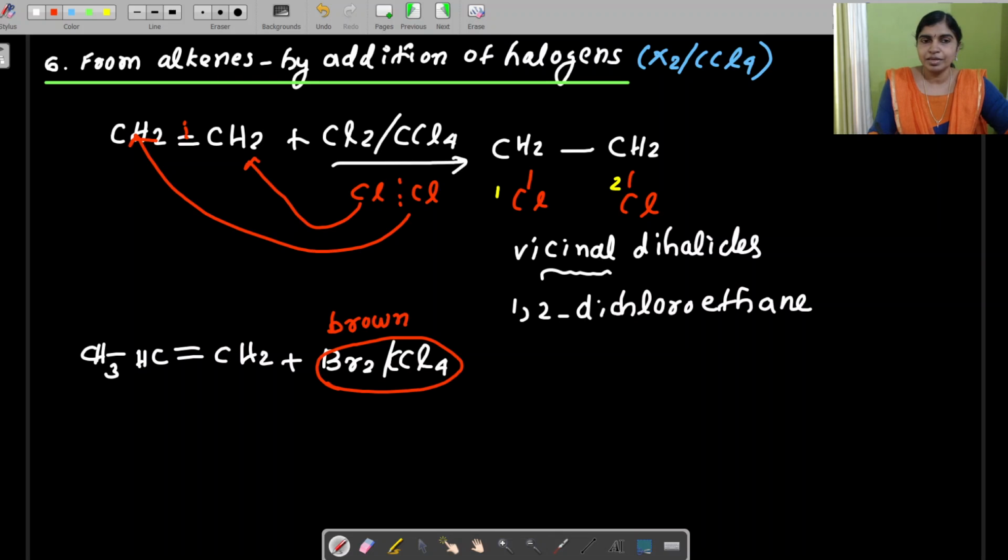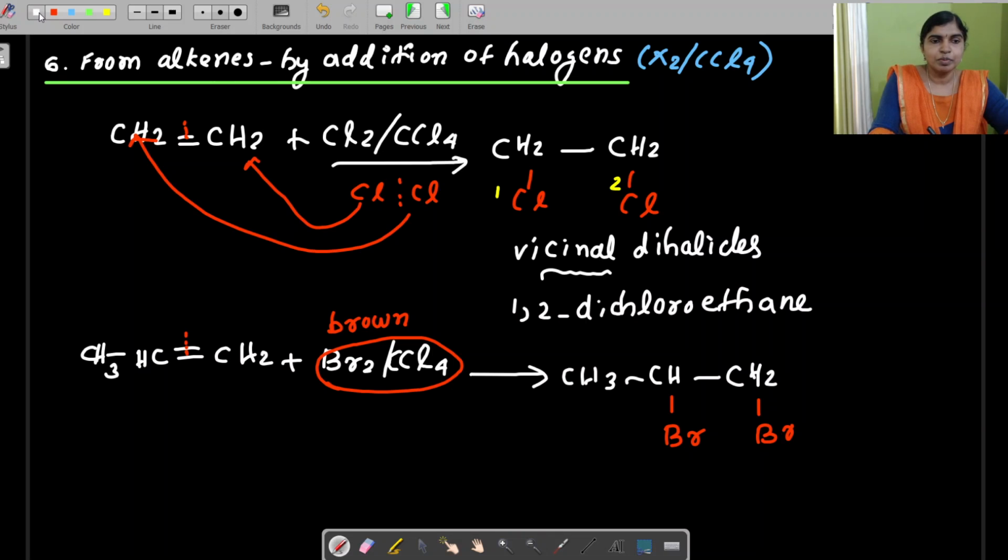And when it reacts, what will happen? The pi bond will break. And what is the product obtained? Here it is CH3, here CH, and one of the bromines is attached here, and this becomes CH single bonded CH2, and the two bromines are attached here.